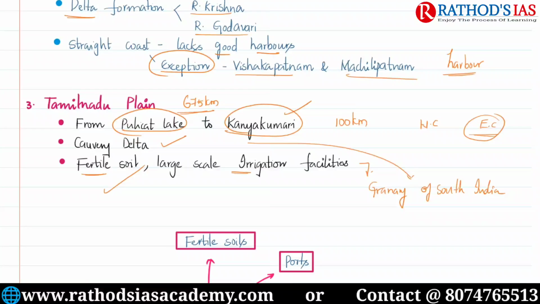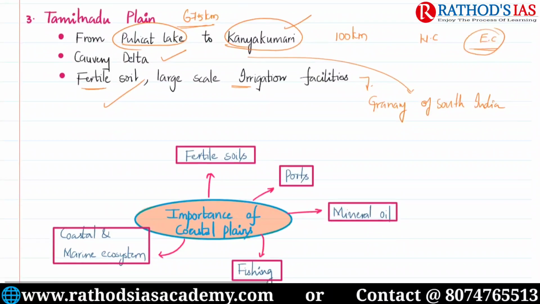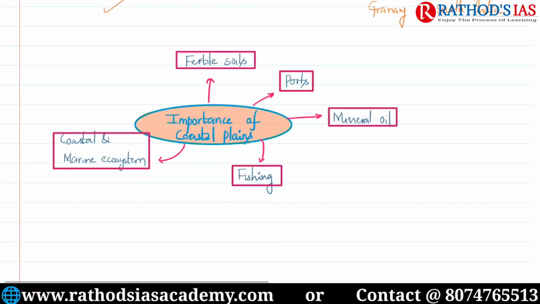So this is about some facts regarding the eastern coast as well as the western coast. Now let us see the significance or importance. The Indian coastline extends up to 7,516 kilometers, including Andaman and Nicobar as well as Lakshadweep. We have a wide range of significance regarding these coastal plains.